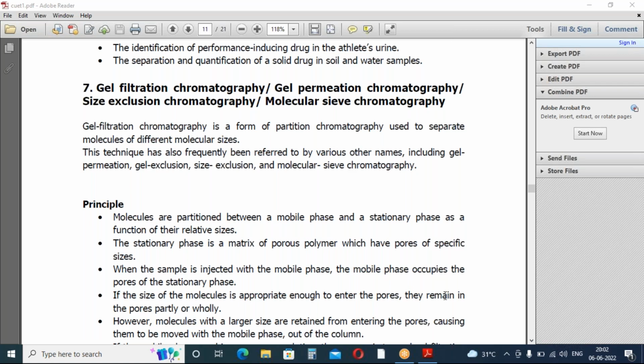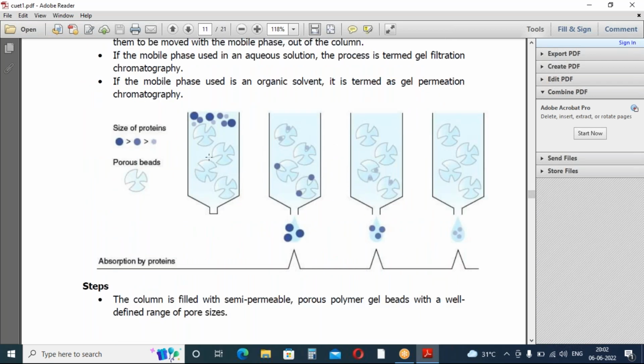Depending upon the size of the pores, they elute with the mobile phase, and that is called gel filtration. That means the filtration of components occurs based on the size of the particles. Here you can see the stationary phase containing porous beads, and these are the different sized particles.